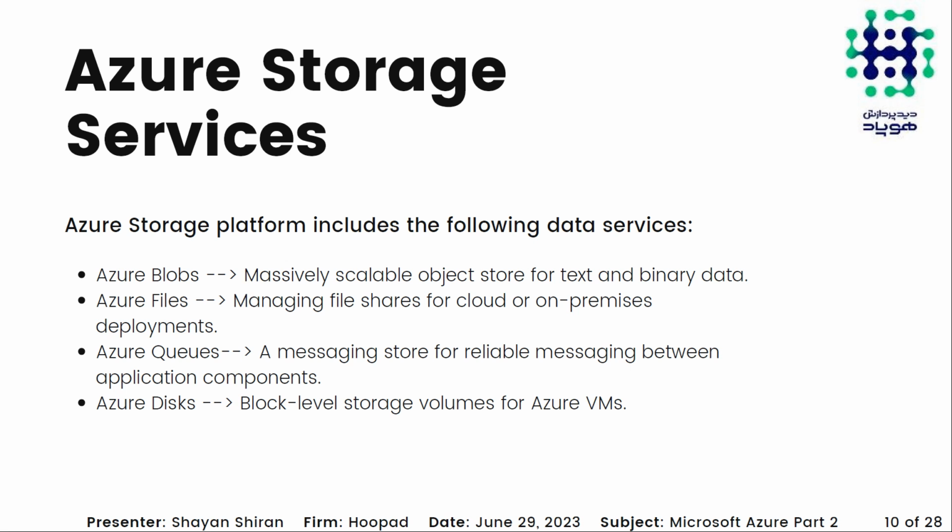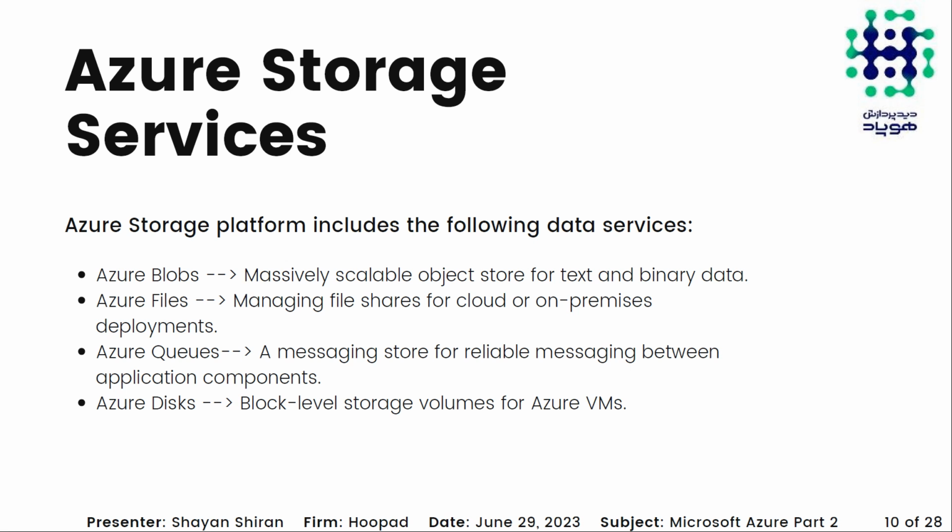Azure storage platform includes the following data services: Azure blobs, Azure files, Azure queues, and Azure disks. I will give a brief explanation about each and every one of these services here.